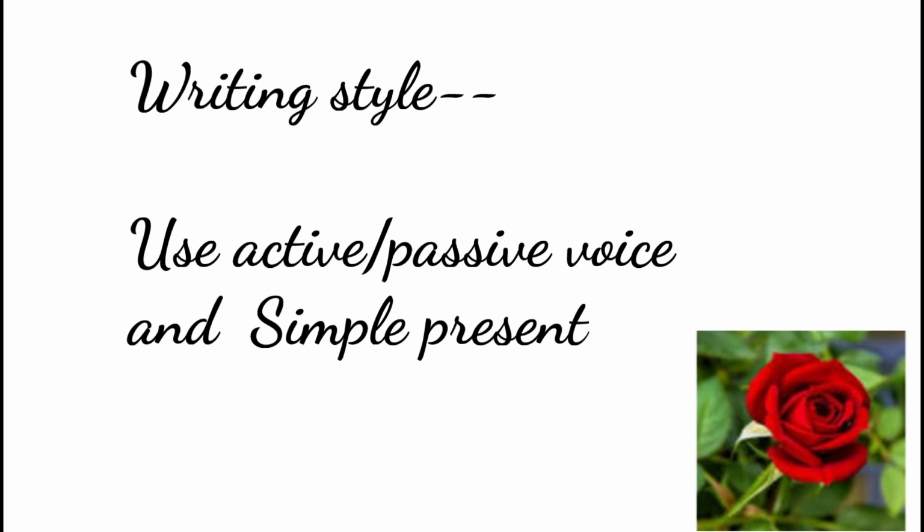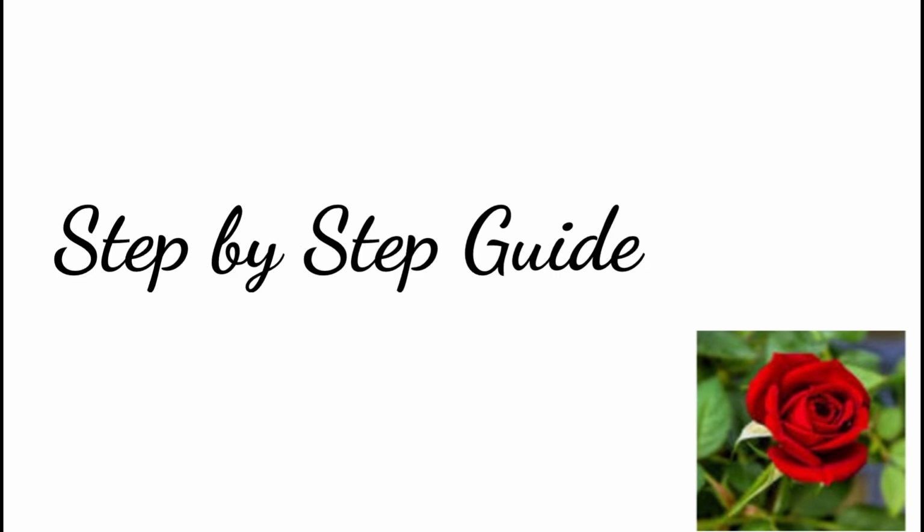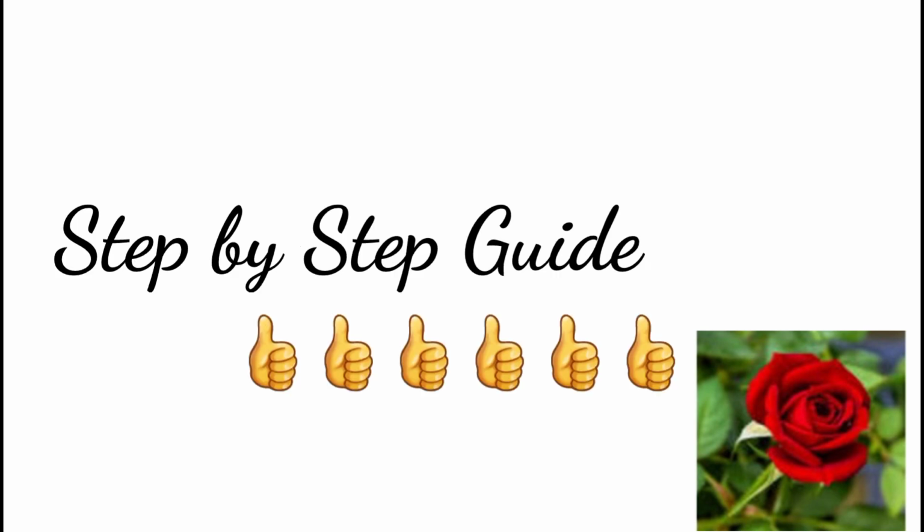Writing style. You may make use of either active or passive voice while writing your description. More or less, you should make use of simple present tense as it is a factual description. This is a guided paragraph, which means that I have left some blank spaces where you can fill in the blanks.